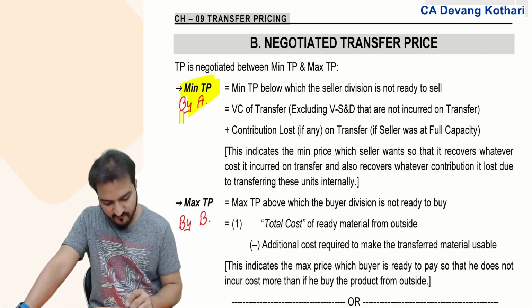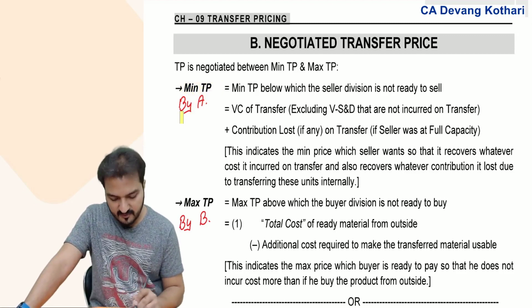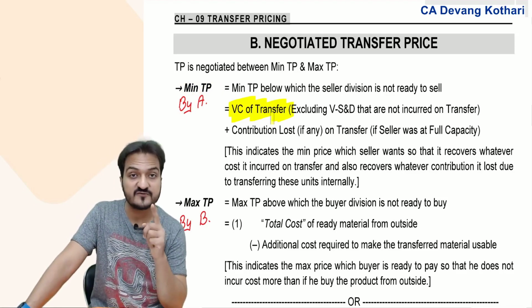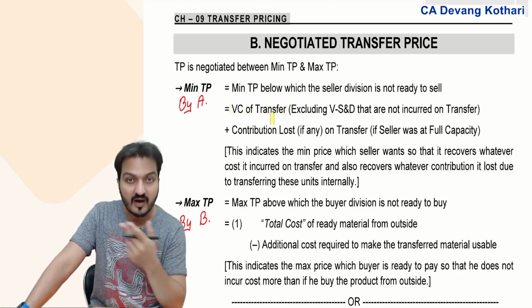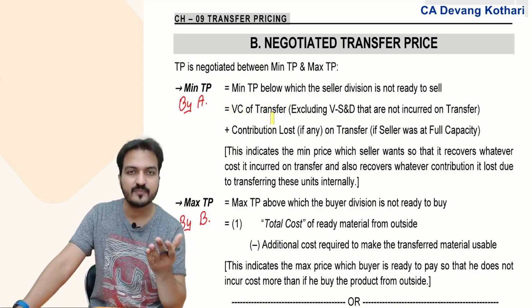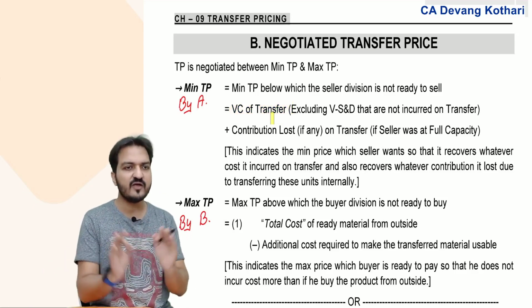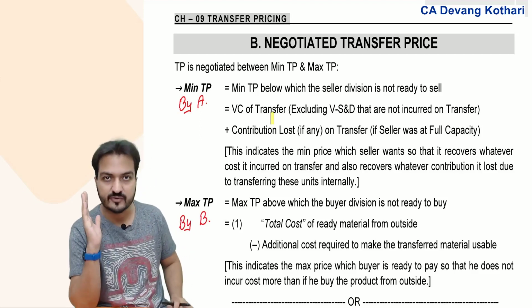Well, minimum TP, look at the formula, calculation. Minimum TP will be variable cost of transfer, variable cost of transferring units to you. Naturally, because if I am transferring units to you, I am division A, you are division B, I will want minimum the variable cost which I incur for making those units.